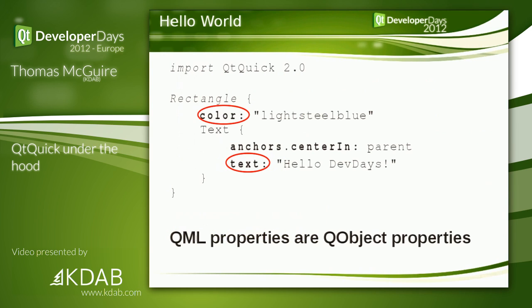And that's what the QML engine does when it loads a file. When it sees color here, it does introspection and asks QMetaObject, okay, what's the property color, does it exist in Rectangle? And if it exists, it uses the setProperty method in QObject to assign the property value lightsteelblue to that color. And same with text here.